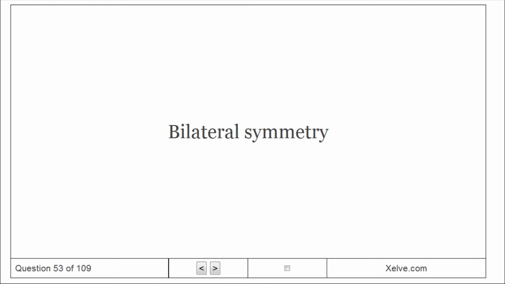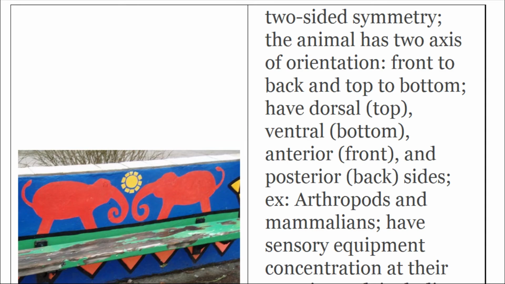Bilateral symmetry. Two-sided symmetry. The animal has two axes of orientation, front to back and top to bottom, and has dorsal, top, ventral, bottom, anterior, front, and posterior, back, sides. Example: arthropods and mammals have sensory equipment concentrated at their anterior end, including a central nervous system, brain, in the head, called cephalization.